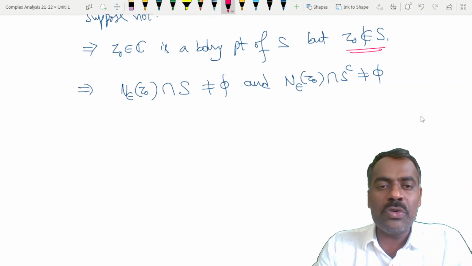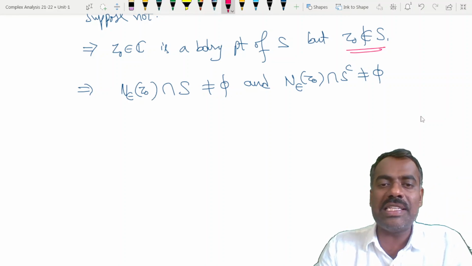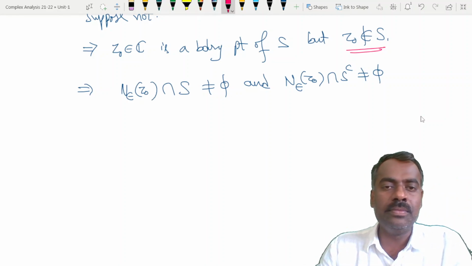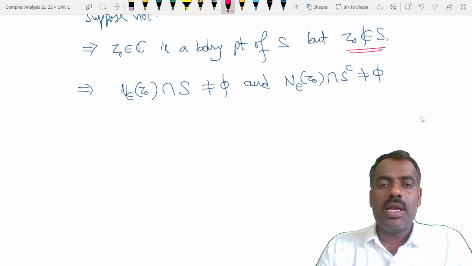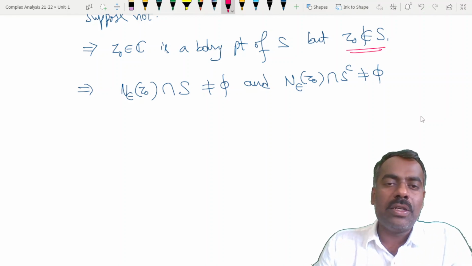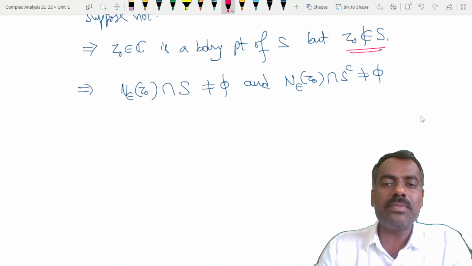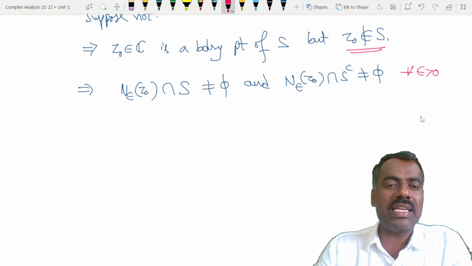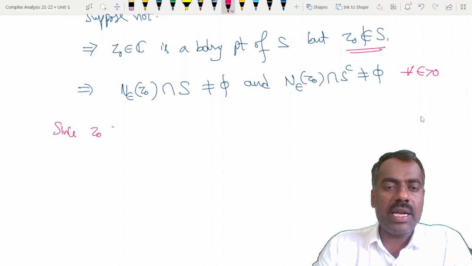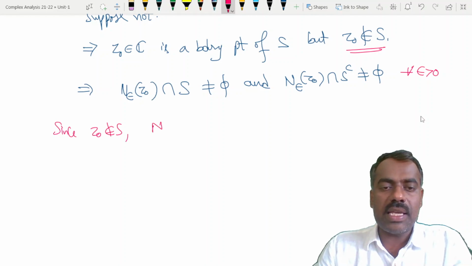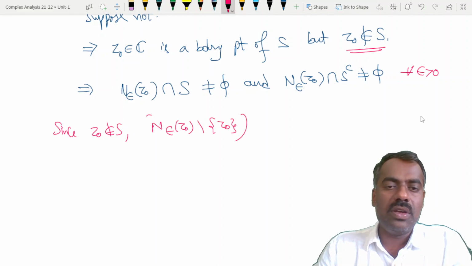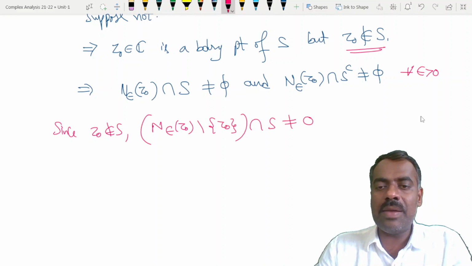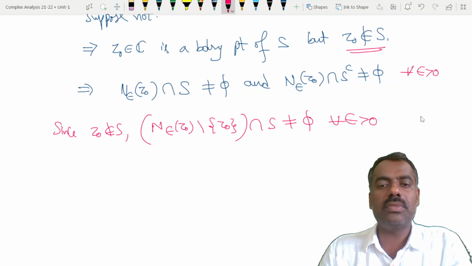That means after removing Z naught from this neighborhood, still this is non-empty or not? Z naught is not a common point. So if I remove it from this neighborhood, still this intersection is non-empty. Yes or no? Because Z naught is not in S, even if you remove Z naught from that neighborhood, N epsilon of Z naught minus Z naught, this is still non-empty. Yes or no?